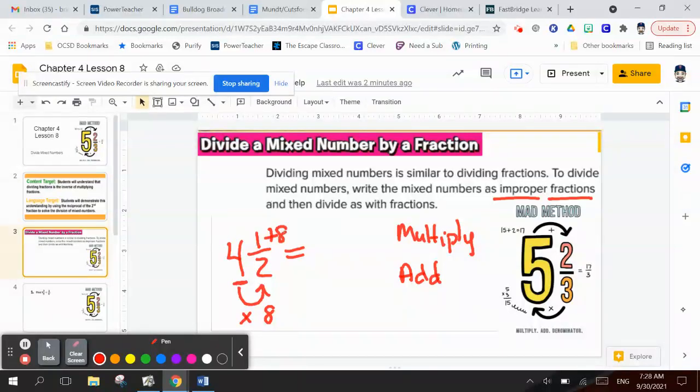So 1 plus 8 is 9. And the last thing about MAD is my denominator. The denominator of the fraction of this mixed number stays the same. So if 2 is my denominator here, 2 has to be my denominator here. So 4 1/2 is the same as 9 halves.